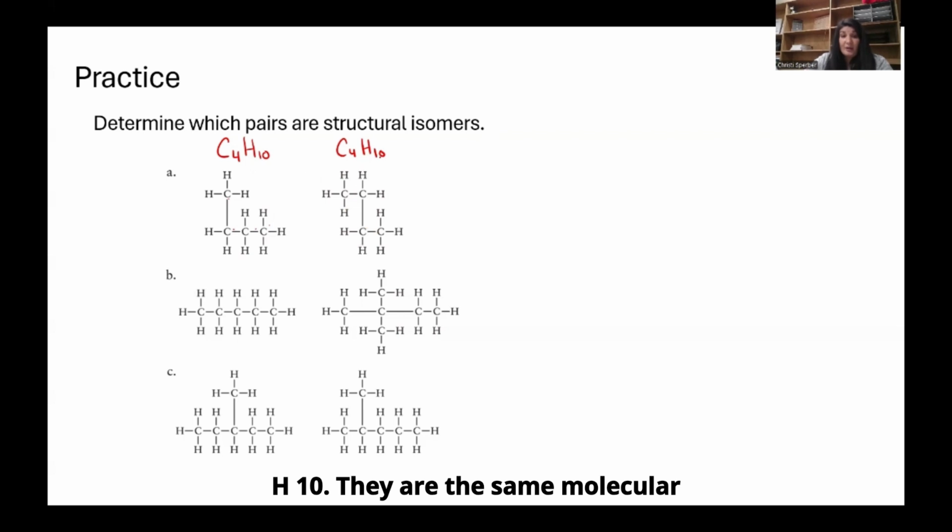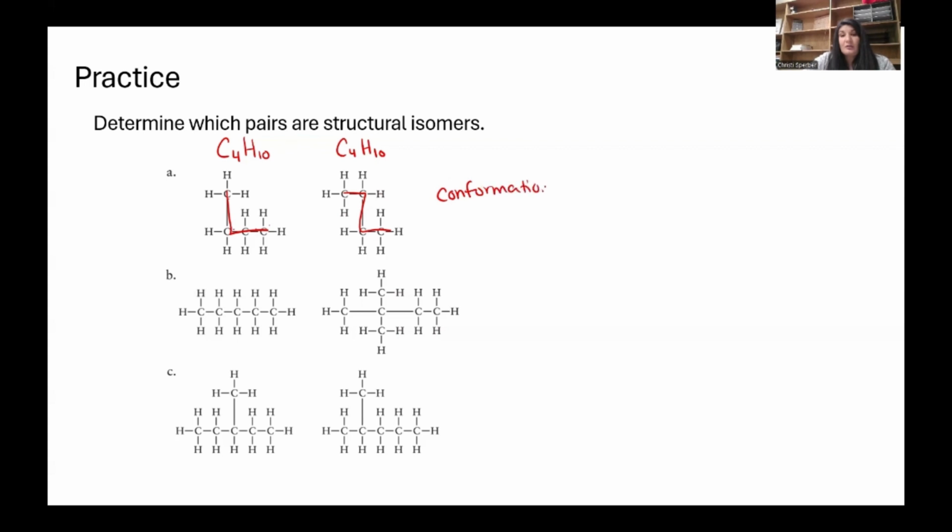They are the same molecular formula. Now we want to know if they are structural isomers or conformational isomers. So we see here that we can follow it all in one chain, and we can follow this all in one chain. So therefore, it is just rotated along one bond. So they are conformational, not structural.